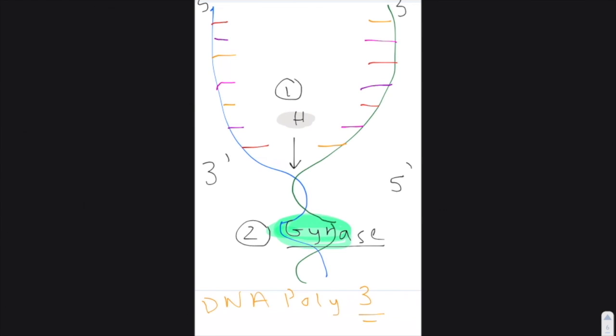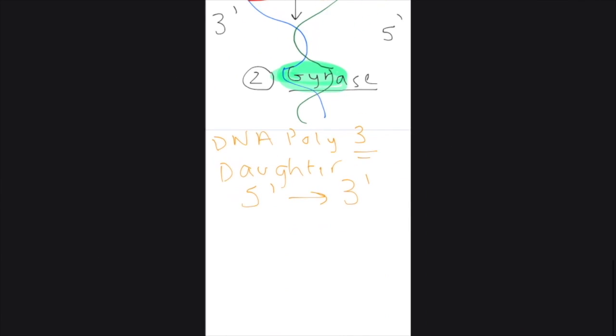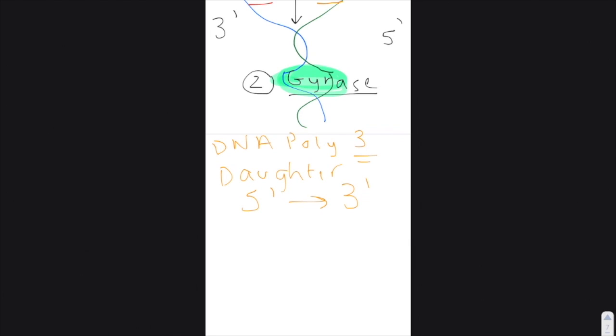DNA polymerase 3 can only create the daughter strand from 5' to 3'. So in order to create the daughter strand 5' to 3', that means that it needs to read the parent strand.